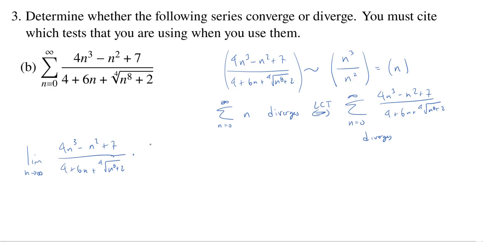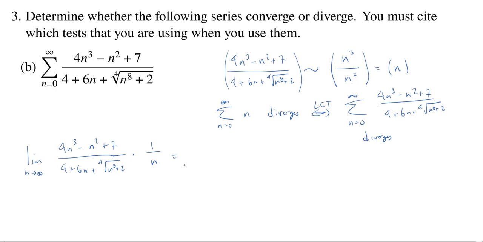That's the same as multiplying by 1 over n. If we can show that this equals a positive constant, then we win the game. So let's see what happens.